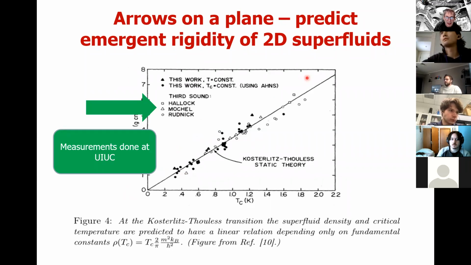And this quantity, the superfluid density, turns out to be the emergent rigidity of a superfluid. So you may think of it as like a density, but the way that we'll learn to think about it is that what superfluid density really is telling you about is how stiff a superfluid is. And what do we mean by how stiff a superfluid is?